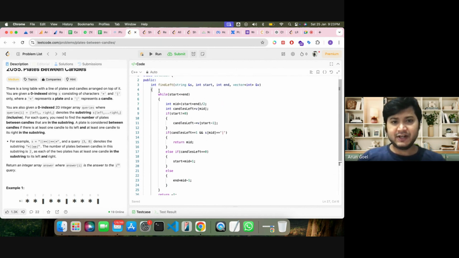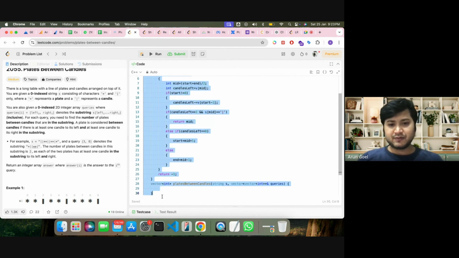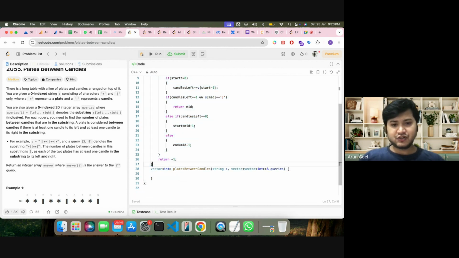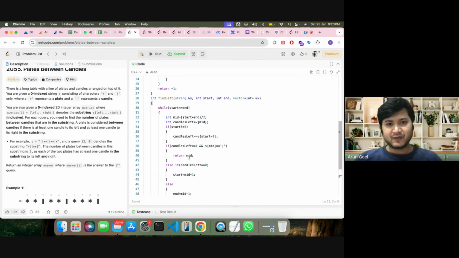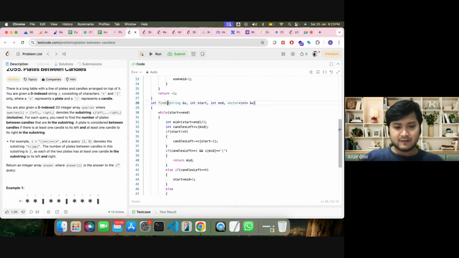Same ways I have to find the rightmost part also. Copy and paste. Find right. ठीक है? Int mid candles left is equals to v of end.